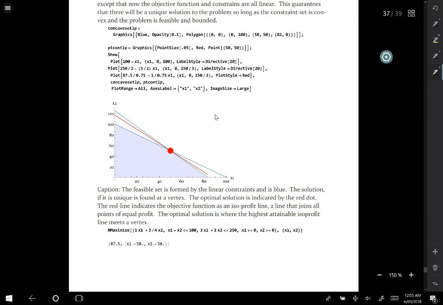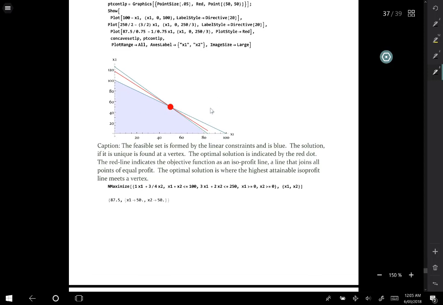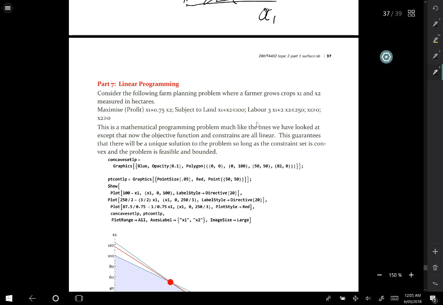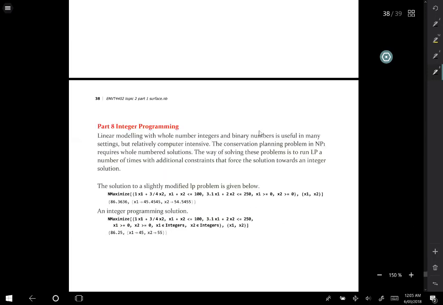This means that as long as the constraints form a convex set, then you will always be able to find a solution, and that's even when you've got a problem which has a very large number of variables. So linear programming is a really important method of actually solving the Kuhn-Tucker conditions for a specific problem, which is where constraints and the objective function are linear.